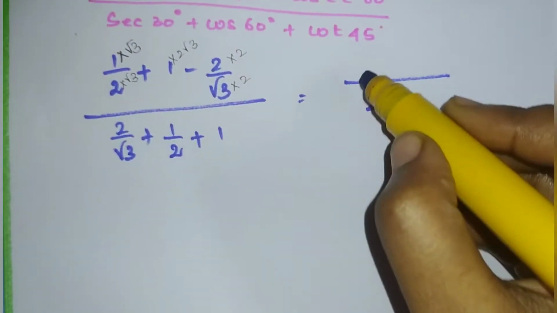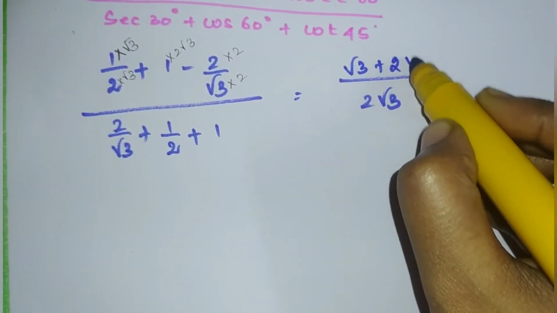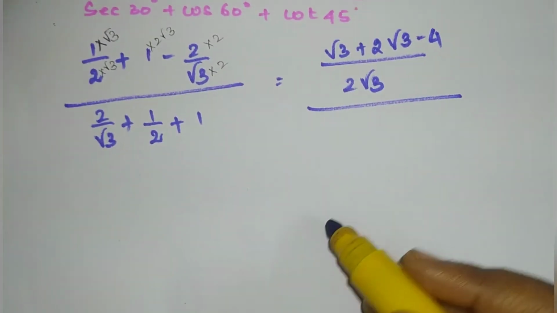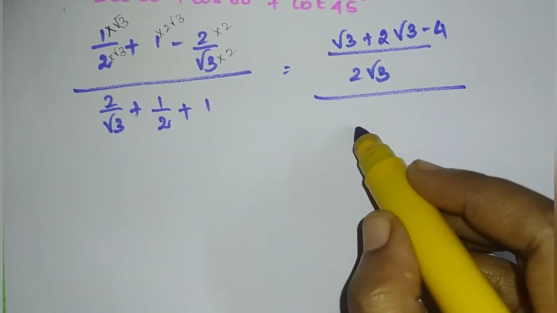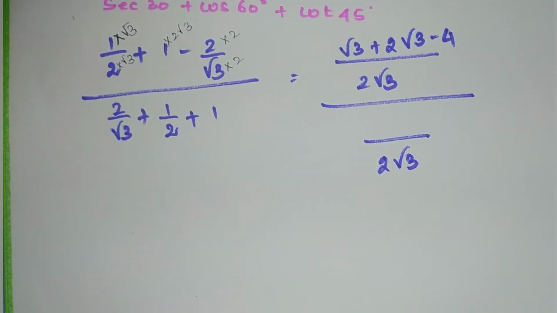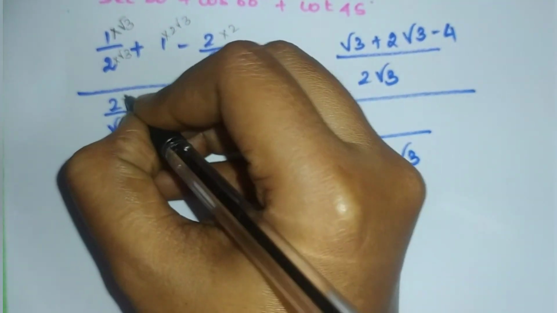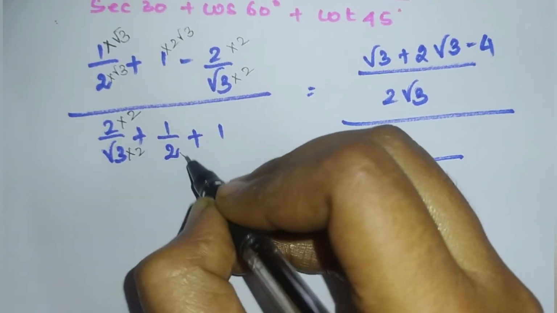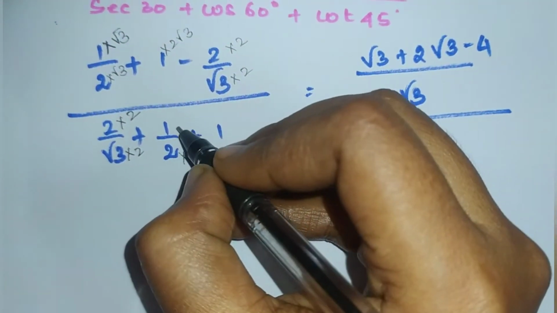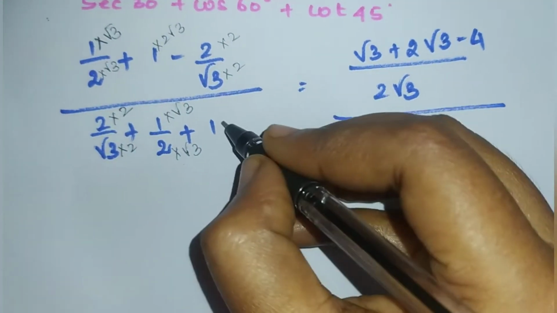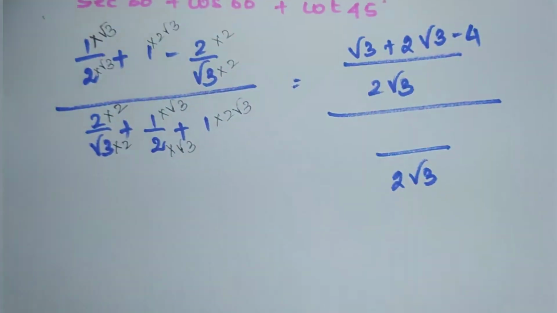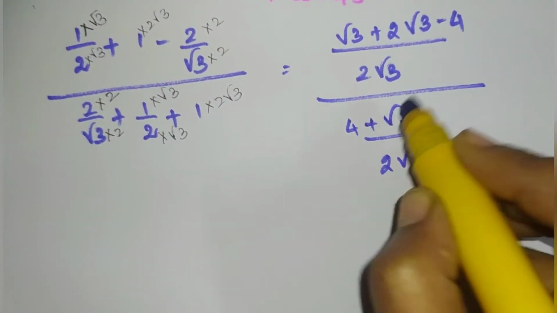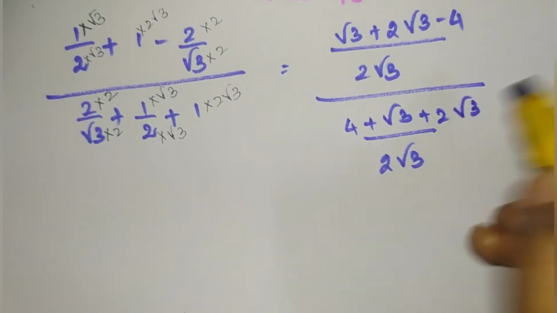And 1 into root 3 is root 3, plus 2 root 3, minus 2 2s are 4. Then the denominator is 2 root 3. Here we don't have 2 in the denominator, so multiply by 2, and then here into 3. And here we don't have both, so 2 root 3. 2 2s are 4 plus root 3 plus 2 root 3.